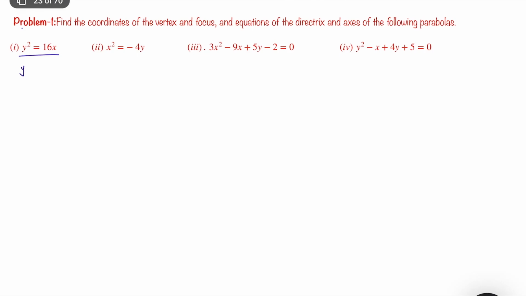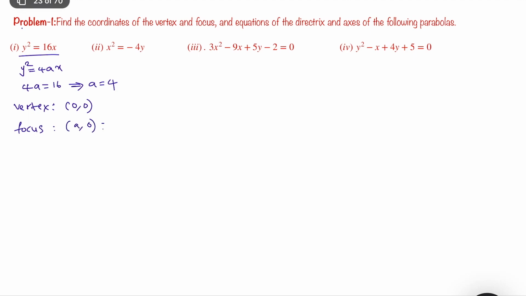If you compare this one with y square equal to 4ax, then we have 4a equal to 16. That implies a equal to 4. Now we can answer everything. The vertex of this standard parabola is going to be the origin 0, 0, and the focus is going to be what? a comma 0.